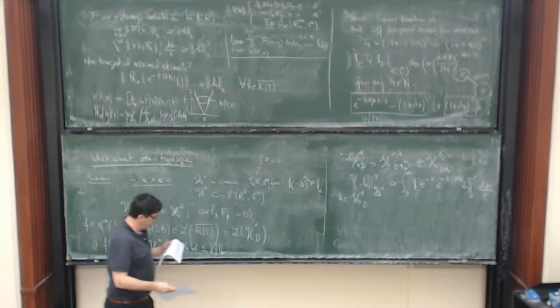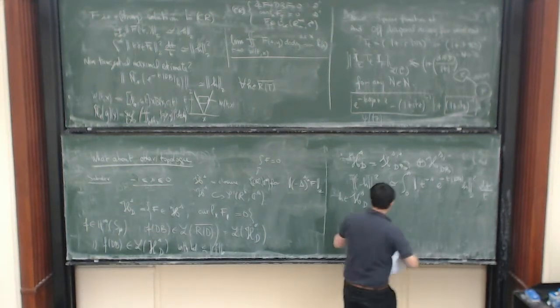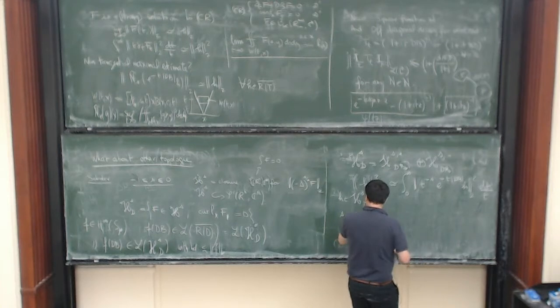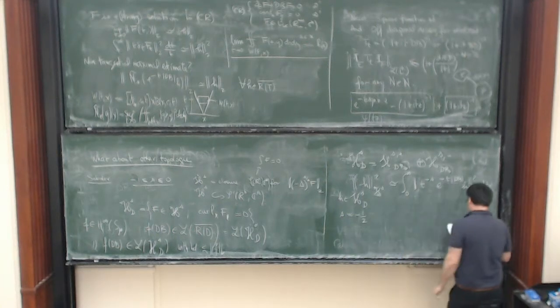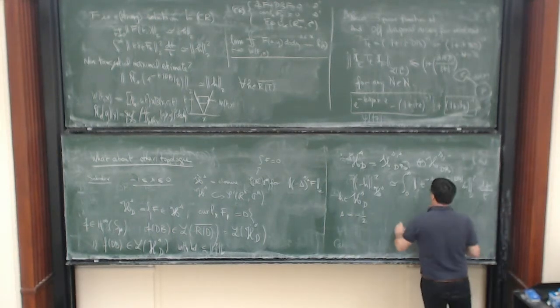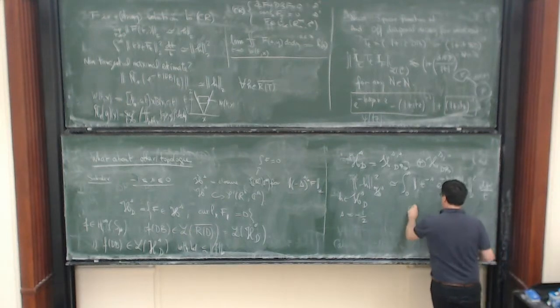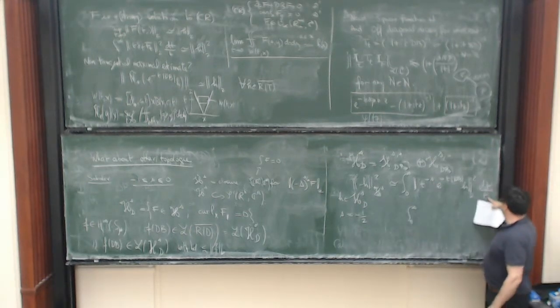So to finish for today, two important values of S. S equal -1/2. So if s is equal to -1/2, the integral here, these powers of t cancel.